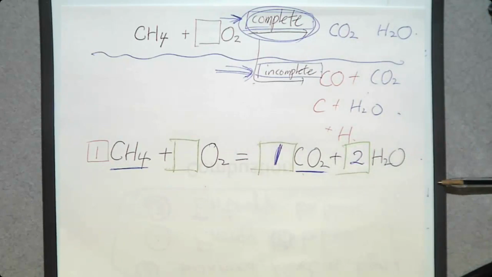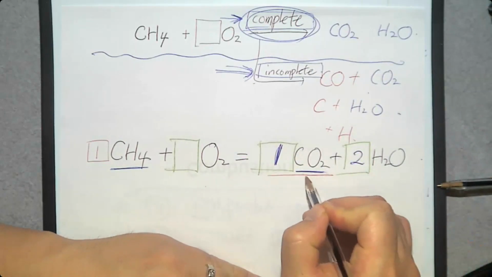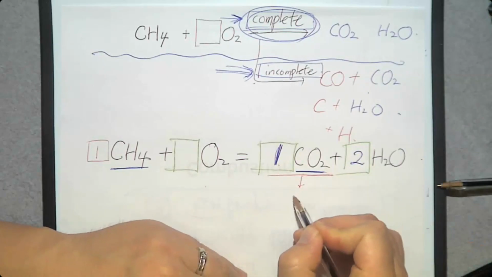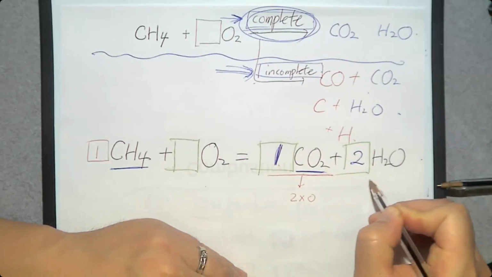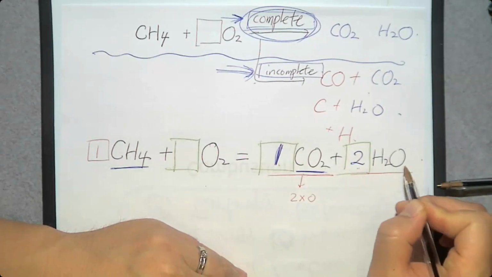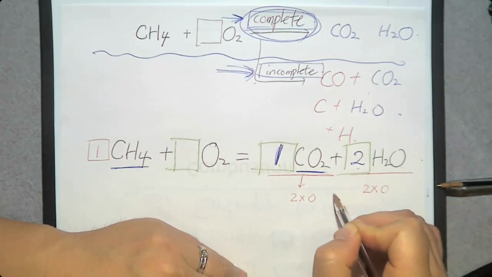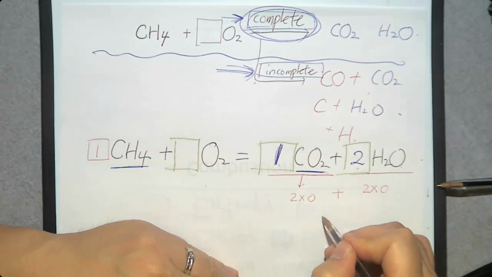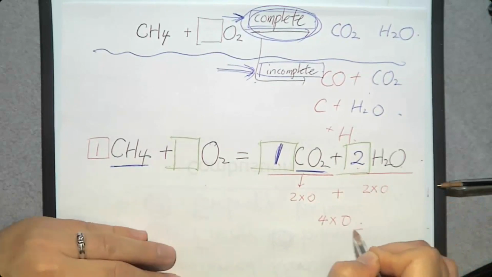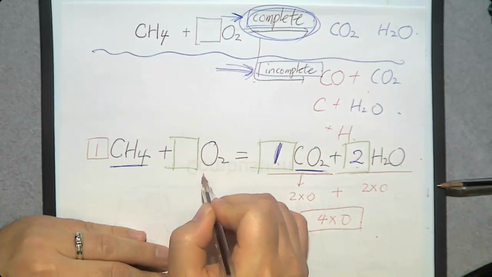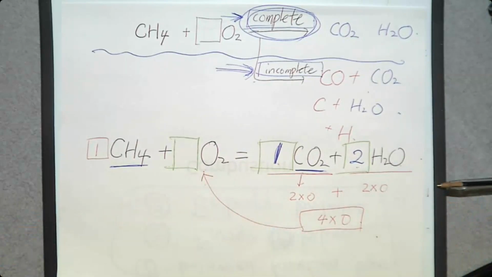And the last one is going to be oxygen. How many oxygens in this carbon dioxide? 1 times 2, 2 oxygens. And how many oxygens here? 2 times 1, 2 oxygens. So in total, how many oxygens? 4 oxygens. Then each oxygen molecule has 2 oxygen atoms. So if we have 4 oxygen atoms, how many molecules of oxygen? 2.